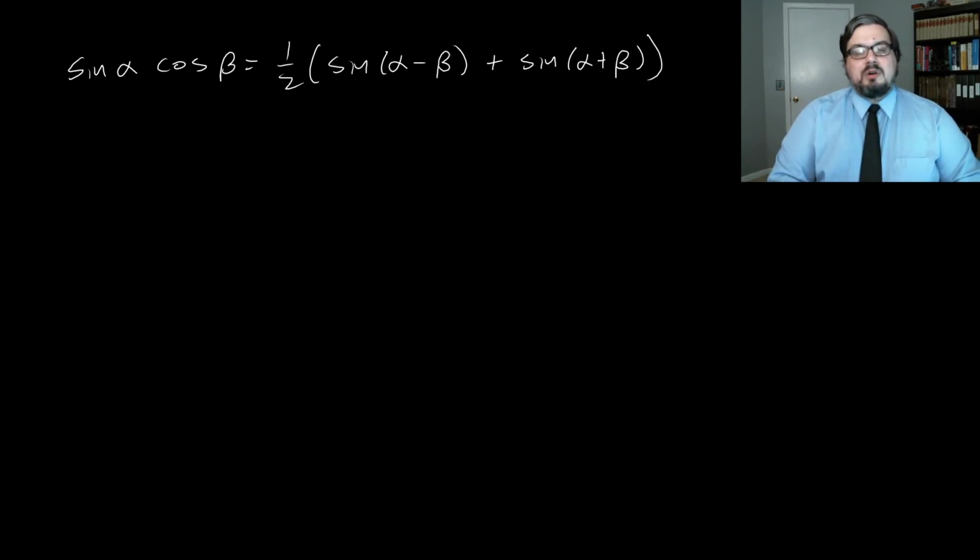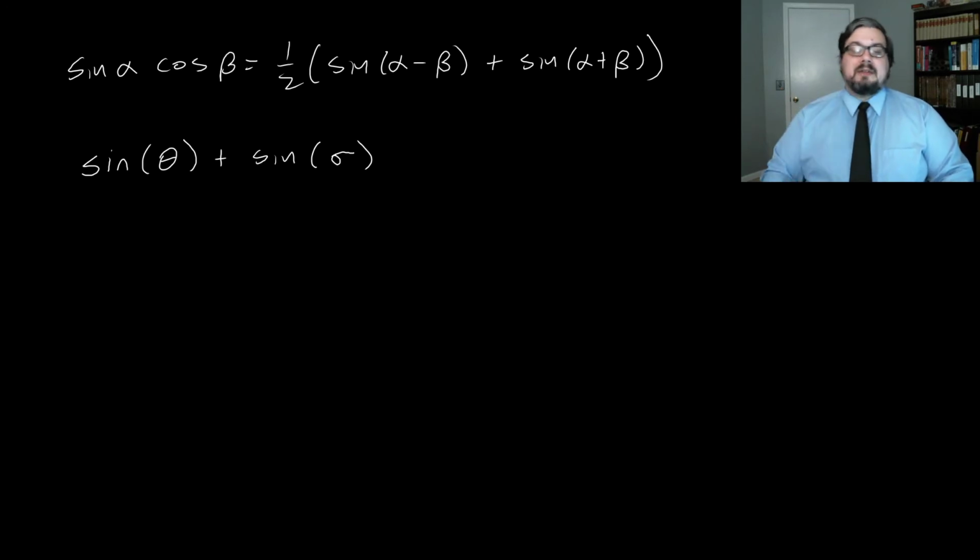But let's suppose that we wanted to somehow work with an expression like sine of theta plus sine of sigma. Let's say that we had two sine functions that we wanted to add together, and we wanted to express this as some sort of product.